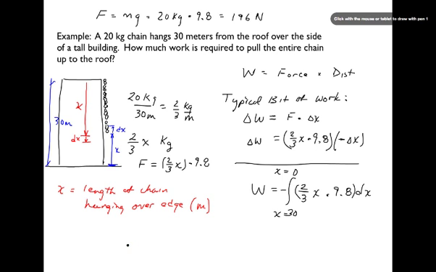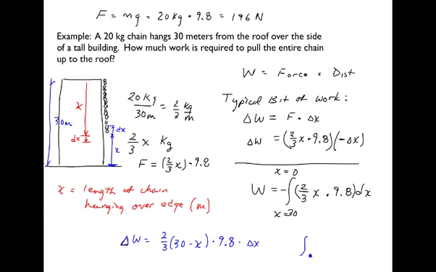And then your little bit of work would be, this is more complicated, 2/3 times 30 minus x times 9.8 times positive delta x. And now you would integrate from 0 to 30.